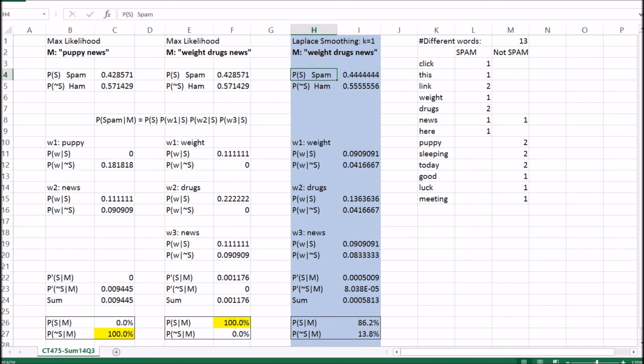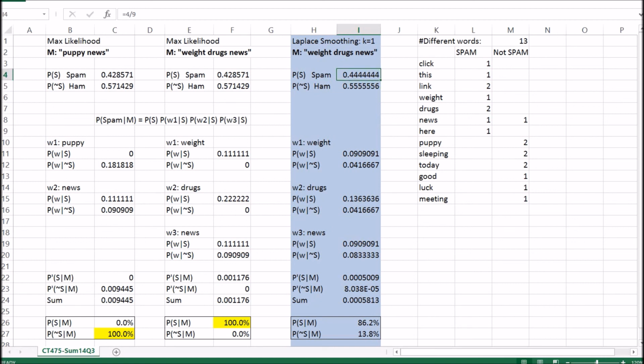Here, the prior probability of spam is, we will pretend at the very start we didn't just see 3 spam messages and 4 non-spam messages, but we will introduce 2 more virtual observations, one that is spam and one that is not spam.